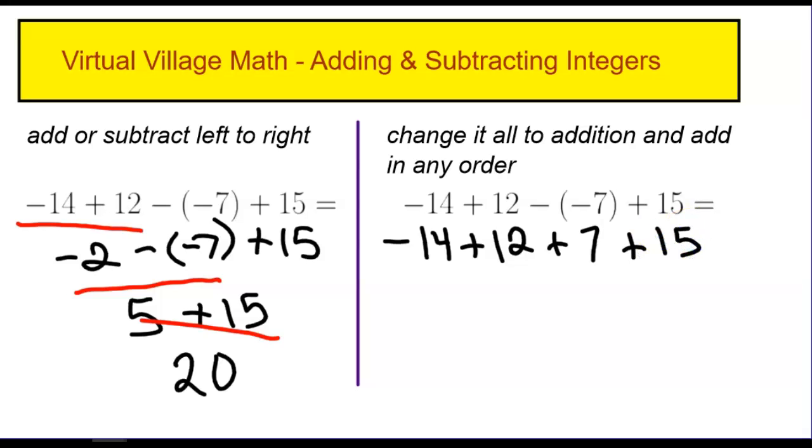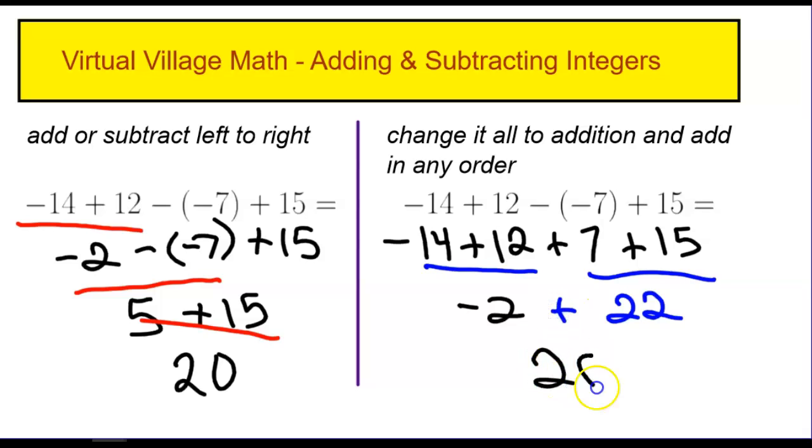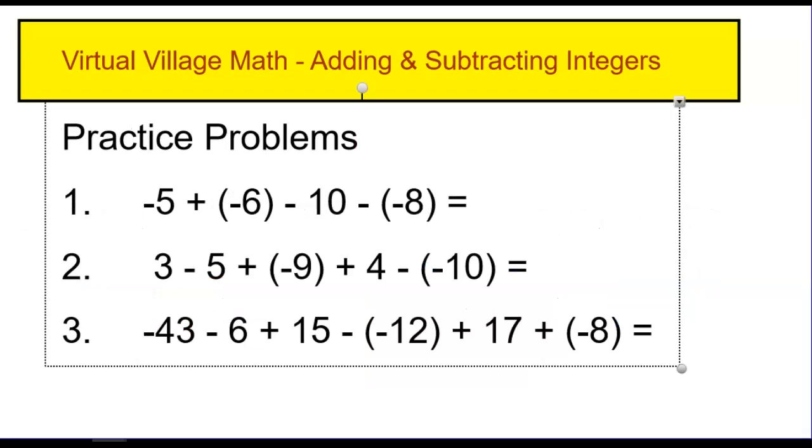So I could take the first two numbers, negative 14 plus 12, that's negative 2. Then I could take the last two numbers, 7 plus 15, that's 22. And when I add them both together, I get the same answer, 20. So we could either go left to right or change everything to addition and add in whatever order you want.